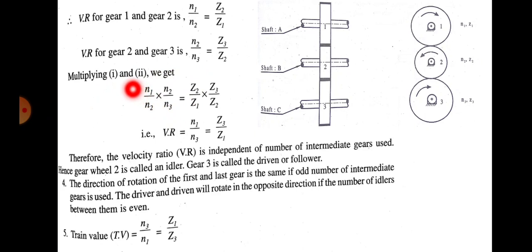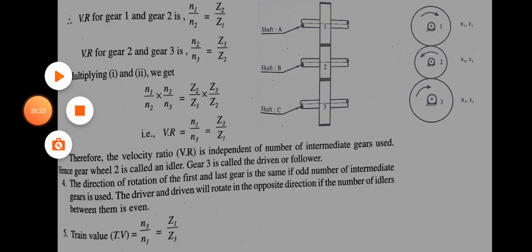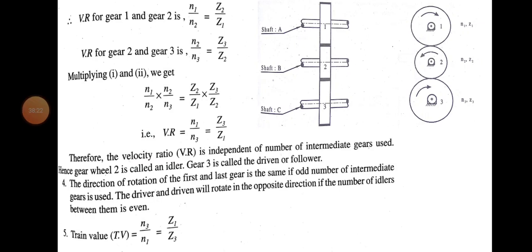So when I am multiplying these two, we have N1 by N2 into N2 by N3 on the left, and Z2 by Z1 into Z3 by Z2 on the right. If you observe here, N2 and N2, the speed of the second gear, is common, so I can cancel them. Similarly, Z2 and Z2 will also get cancelled.